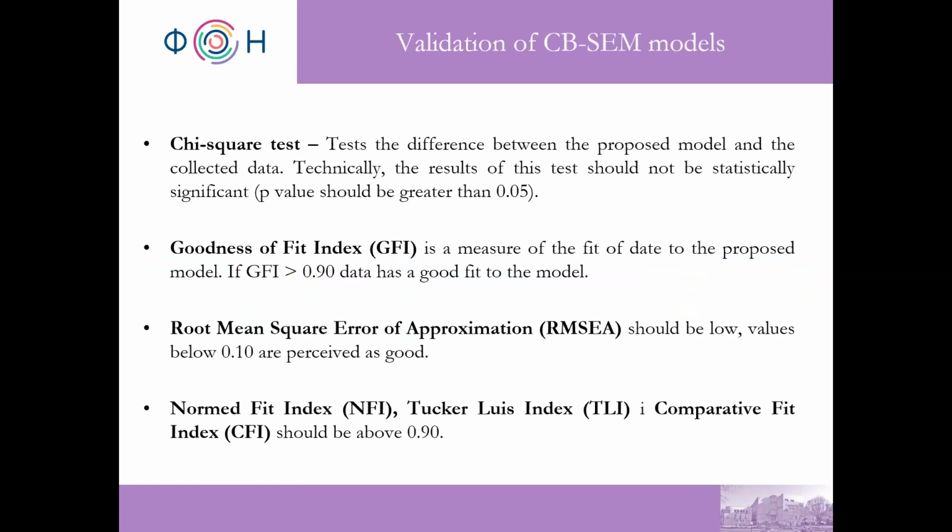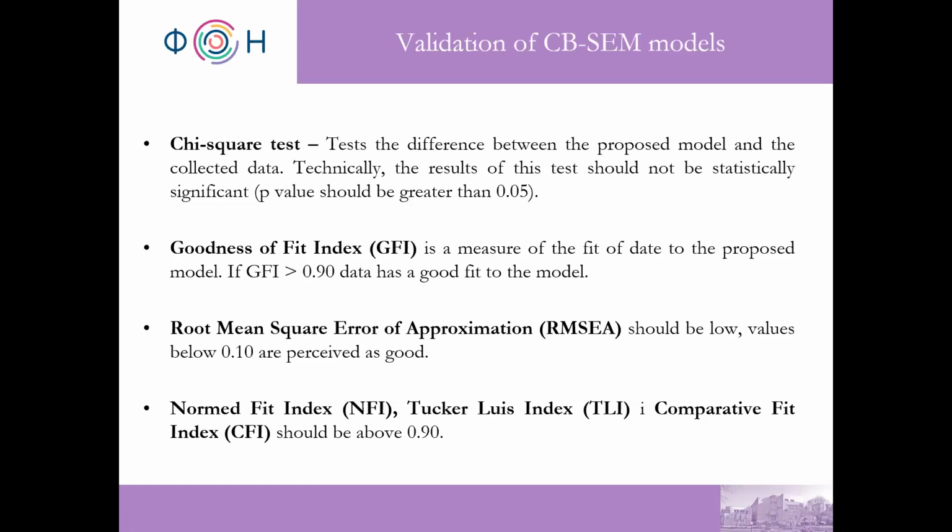Here on this slide we have a list of just a couple of them. Being a parametric SEM, there are a lot of metrics we can use. Some of the most commonly presented ones are the chi-square test, or the value of our chi-square statistic.